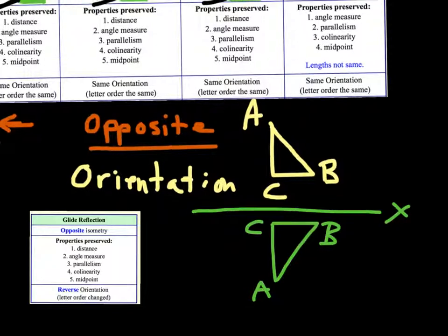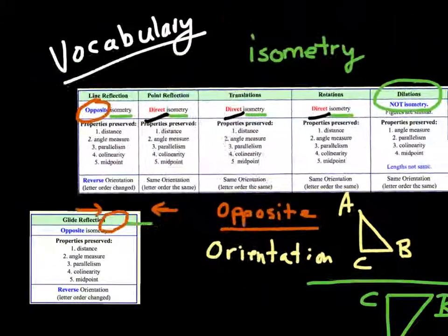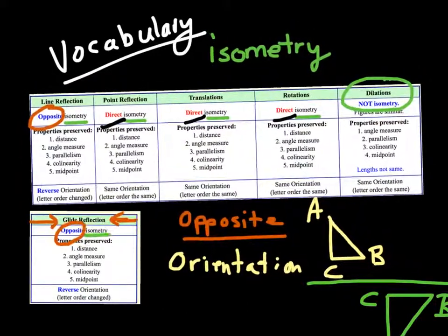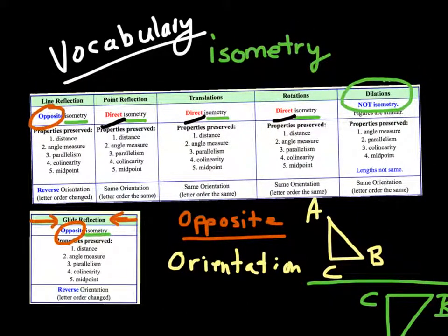So the orientation is the ordering of the letters, and you can see by the guide here that the only ones that will change the orientation will be glide reflections and reflections. For the other transformations, the ordering stays the same.